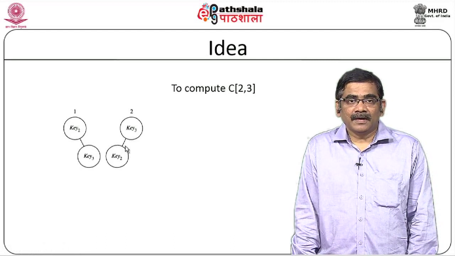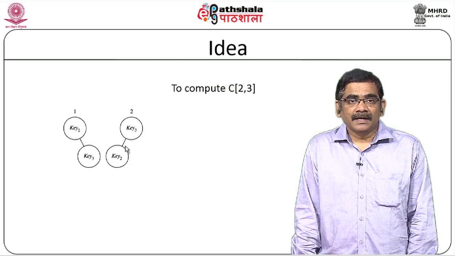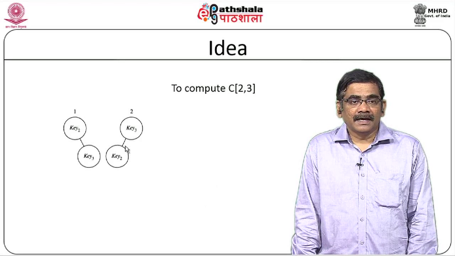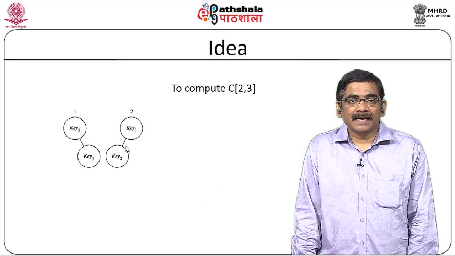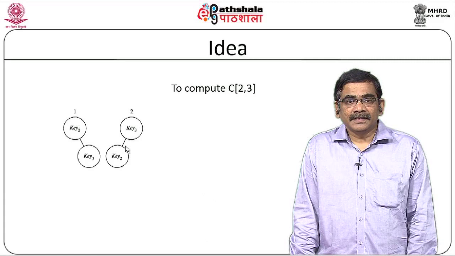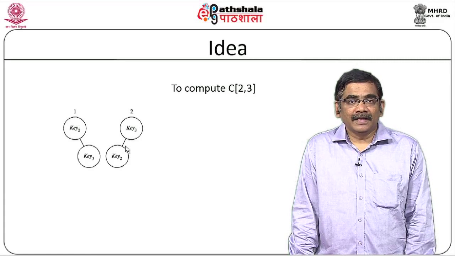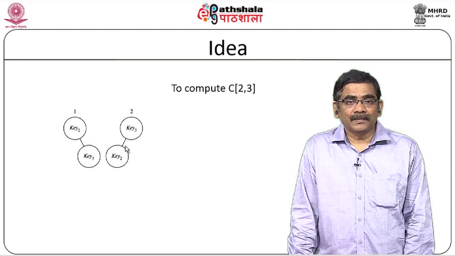Now, we have to establish the cost and take the minimum cost, and enter that as the value for C of 2 comma 3. In other words, C of 2 comma 3 is going to contain the minimum over all the possibilities of construction involving keys 2 as well as 3.